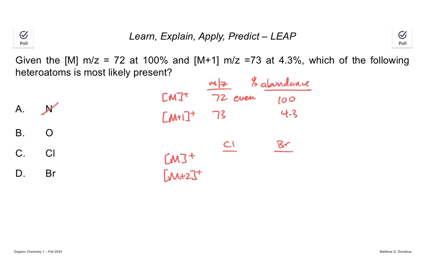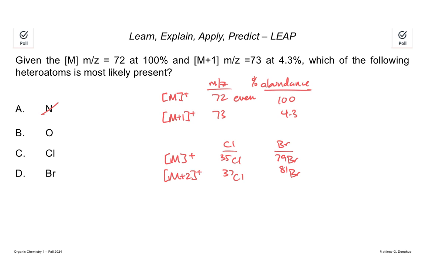So why are these ones different? Again, notice the difference in those isotope abundances. 37 minus 35 is 2. 81 minus 79 is 2. That's what that +2 means.